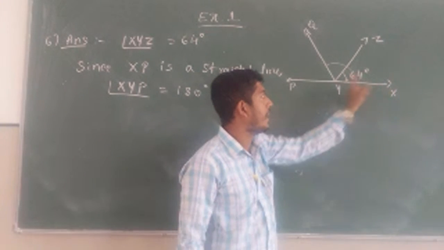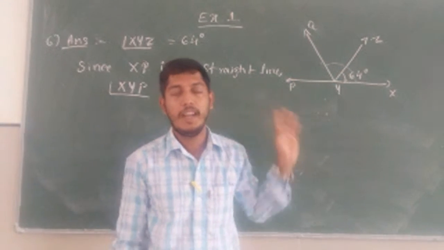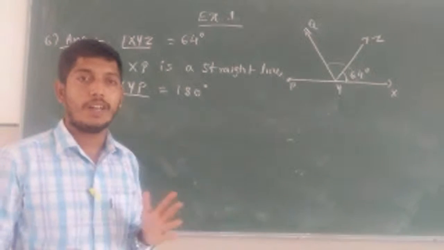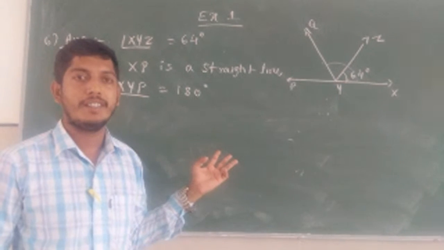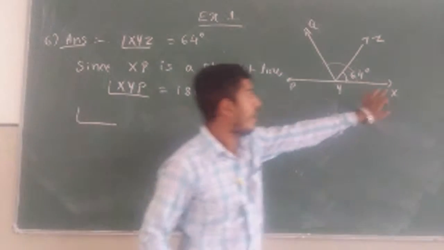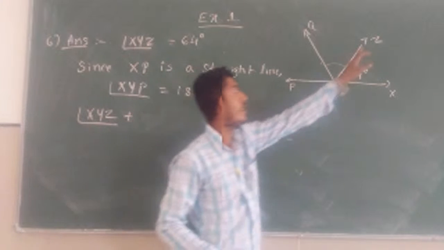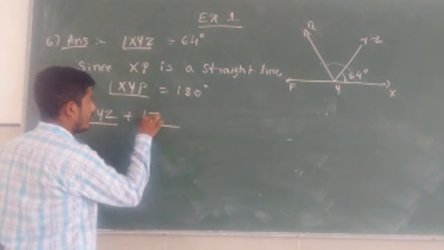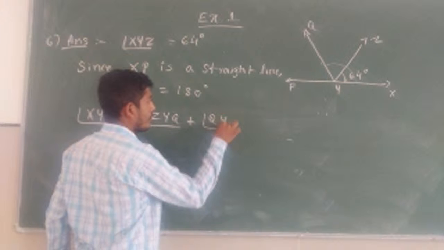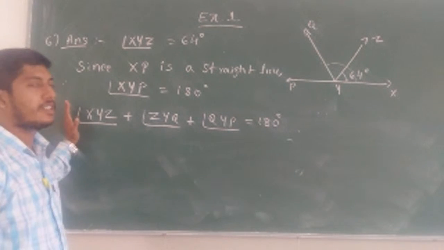The first part is angle XYZ, the second part is angle ZYQ, and the third part is angle QYP. If the total angle is 180 degrees, the sum of the three parts is also 180 degrees. So I write angle XYZ plus angle ZYQ plus angle QYP equals 180 degrees.